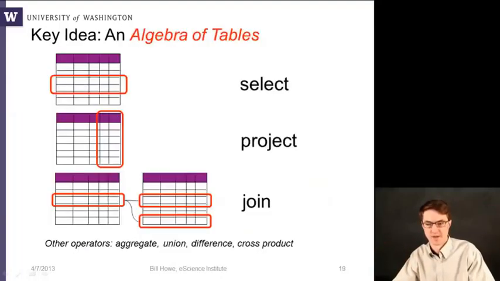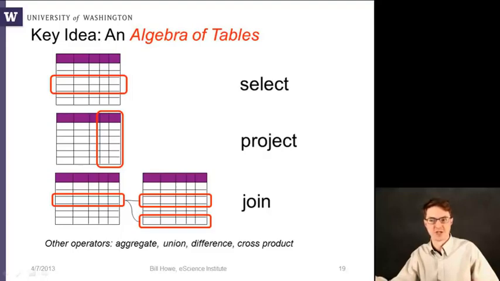All right. So another key idea is that there's this algebra of tables that I mentioned, and we'll talk more about these specific operators in a bit. But at a high level, one operation on a table is to select out rows that satisfy some condition. Another is to ignore columns that you're not interested in. Another one is, for two tables, for every record in the first table, find corresponding records in another table.